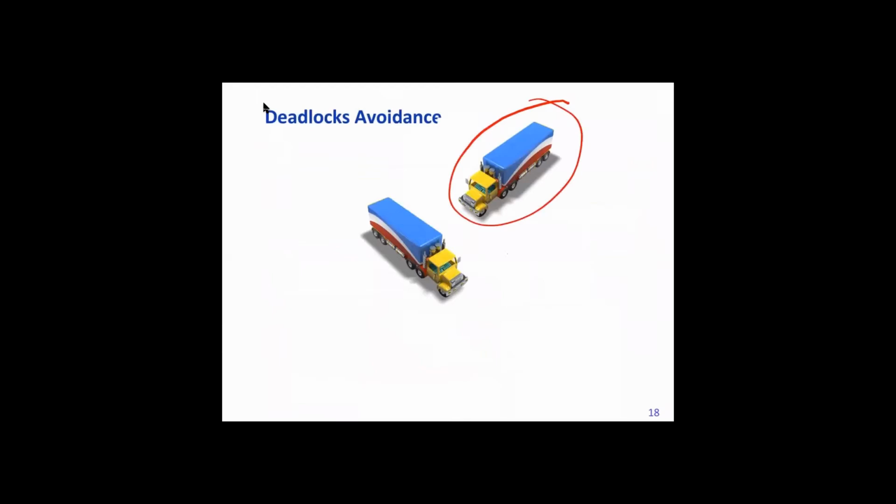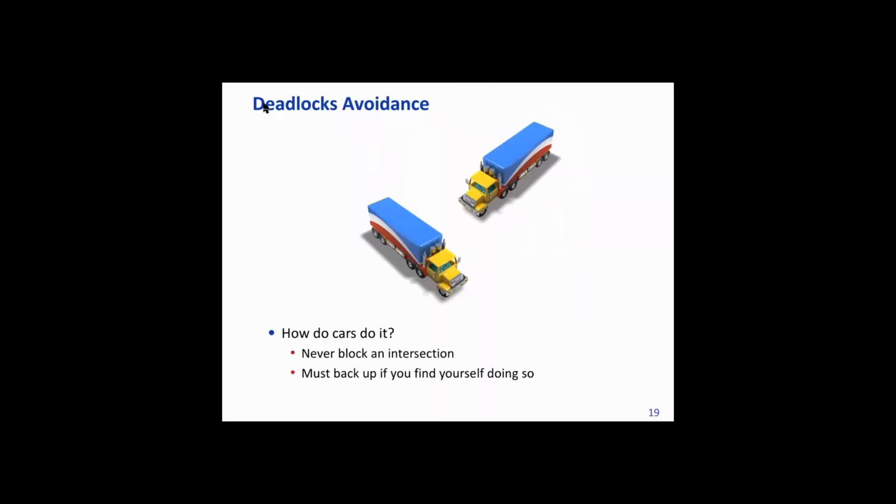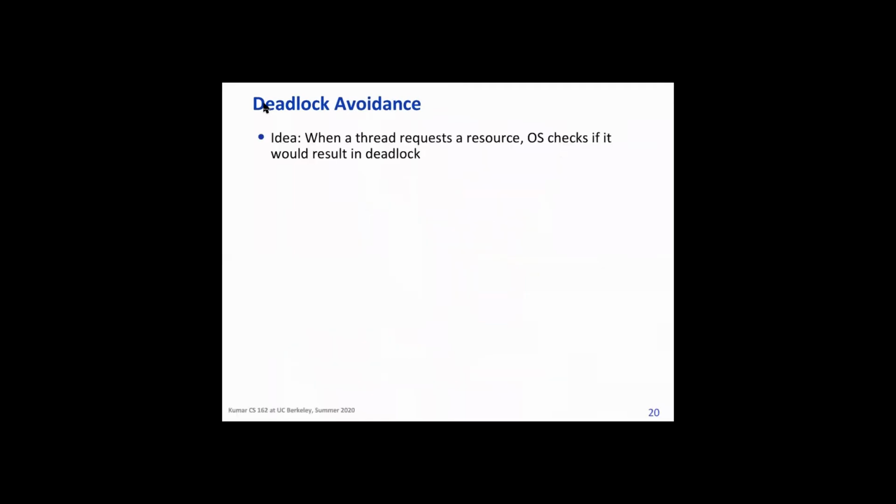So anticipate, and if you see that deadlock is going to happen, then just back off or do something. Never get into a situation that will lead to deadlock. This is the simplest way of avoiding a deadlock. Of course, this will lead to our discussion on Banker's algorithm.